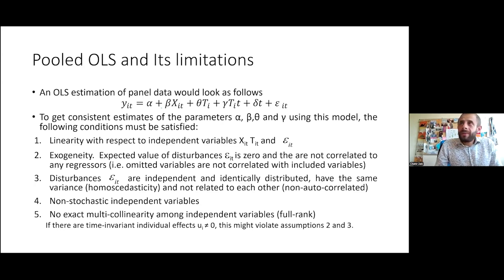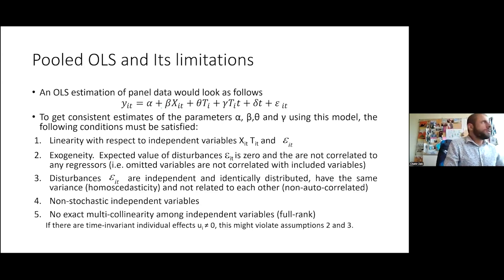The errors are independently and identically distributed. They have a constant variance, homoscedasticity. We don't have autocorrelation, so the errors are not correlated. And the independent variables, sorry, the x's themselves, are non-stochastic.